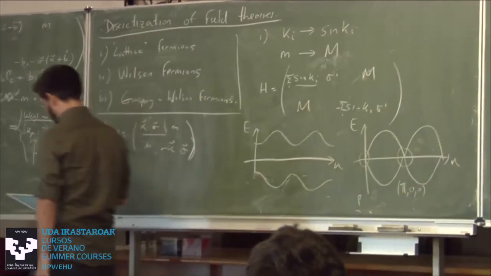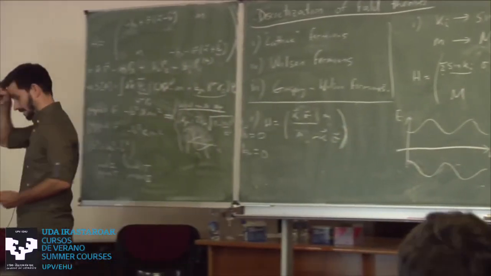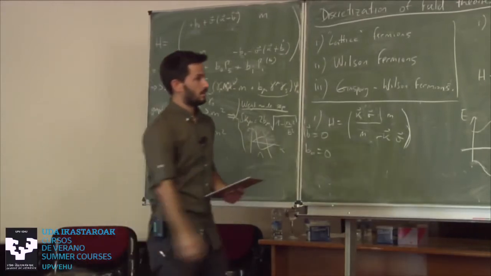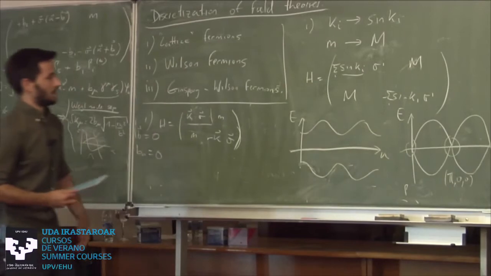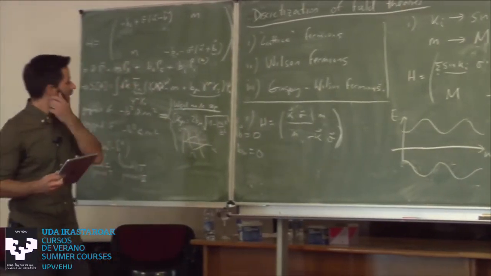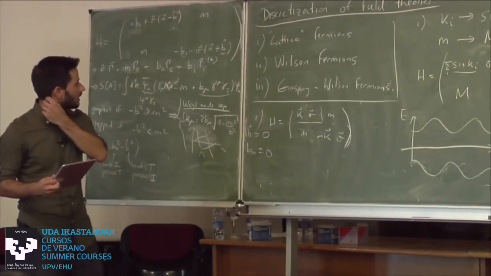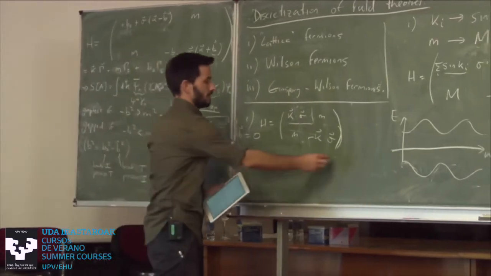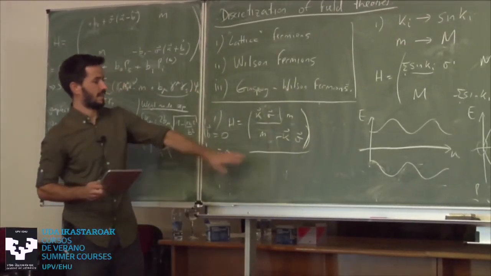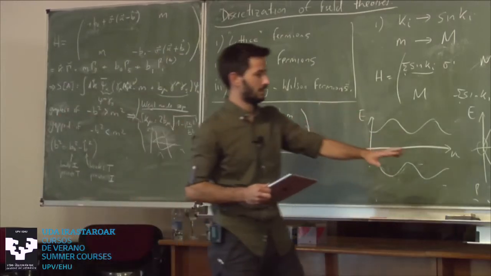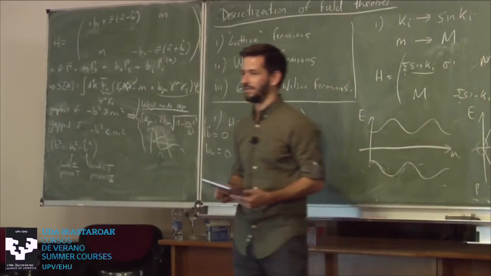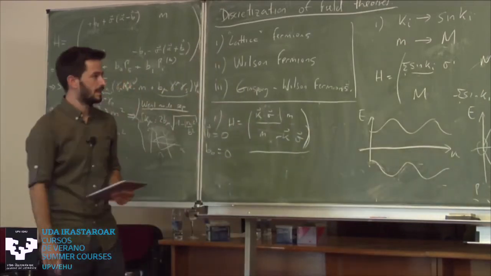Okay, so we have to do something about it, because if we ask that we recover a theory like this at low energy, we're having a problem: we're having 2 to the d copies of this theory, where d is the space dimension.